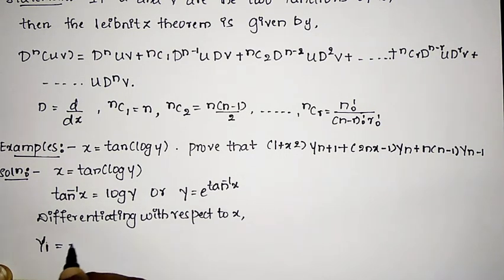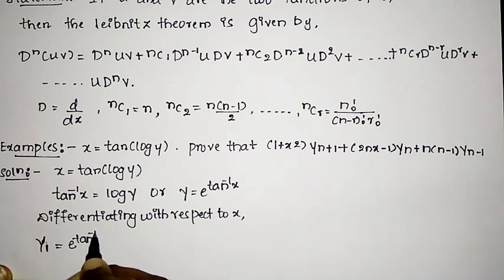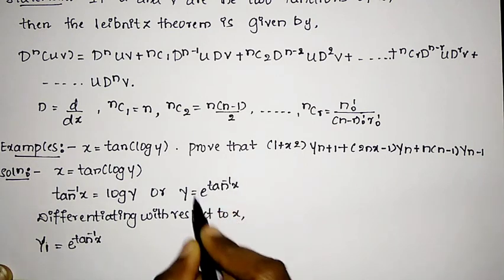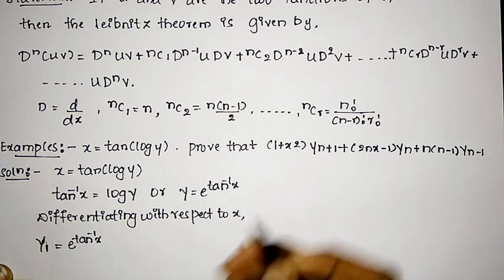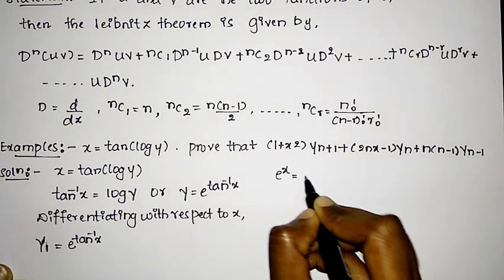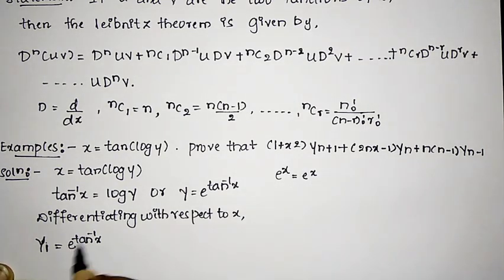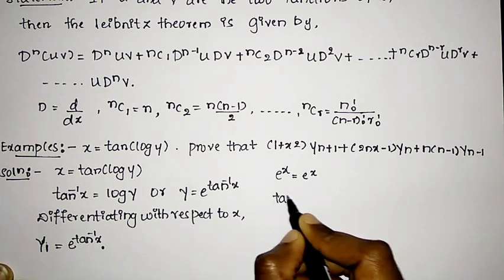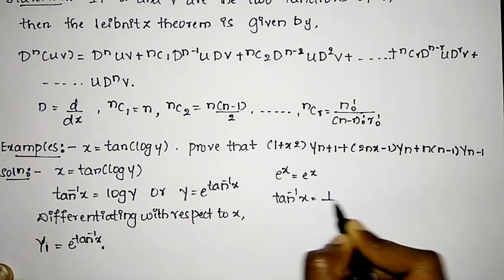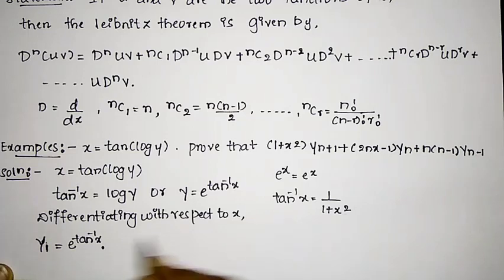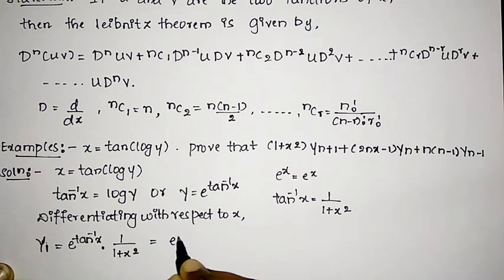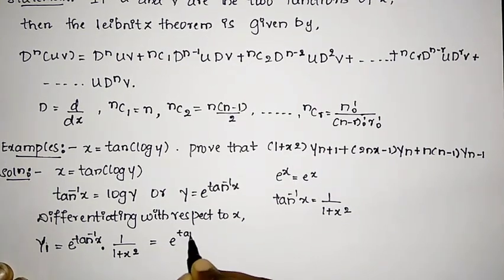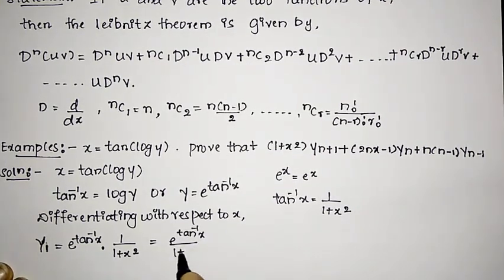So y1 is equal to the derivative of e raised to tan inverse x, which is e raised to tan inverse x into the differentiation of tan inverse x, that is 1 divided by 1 plus x square. So this is nothing but e raised to tan inverse x upon 1 plus x square.